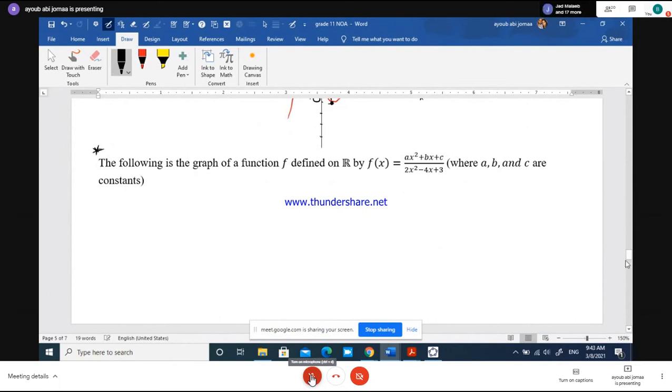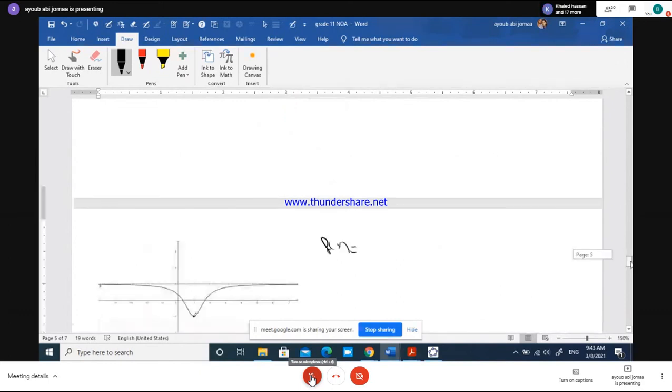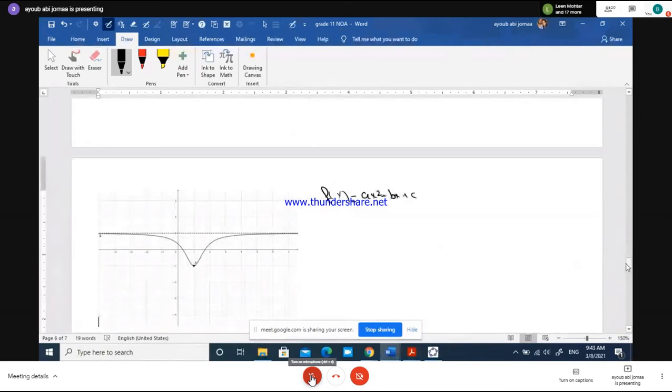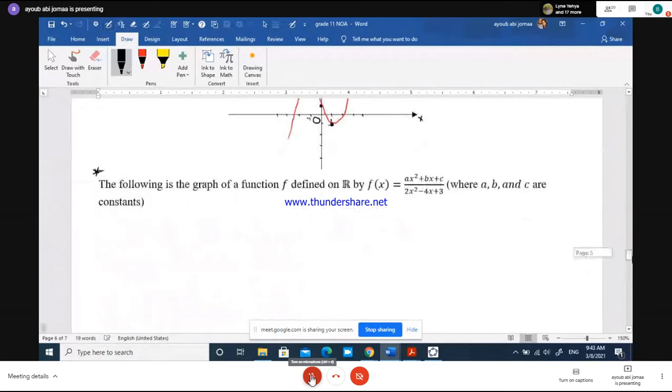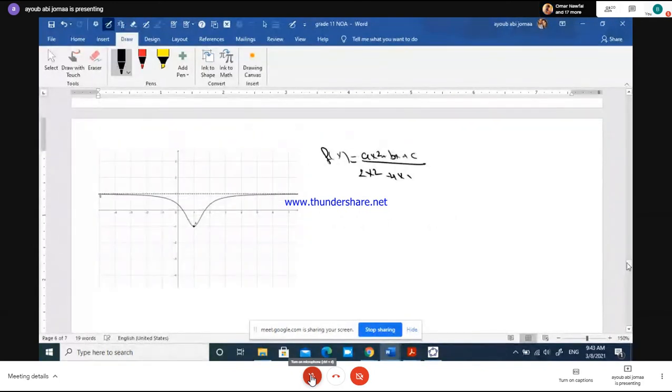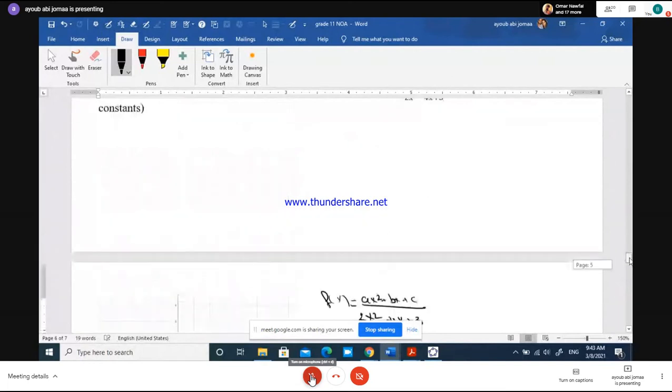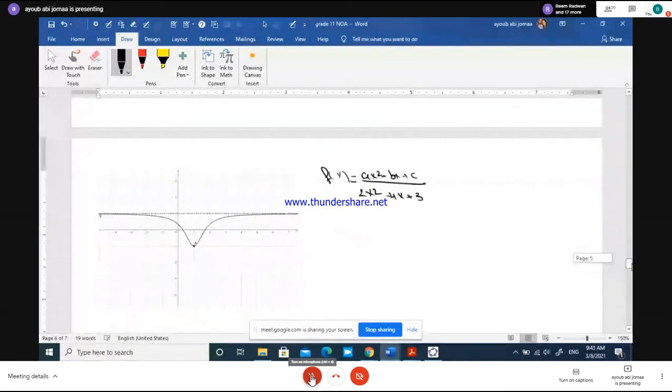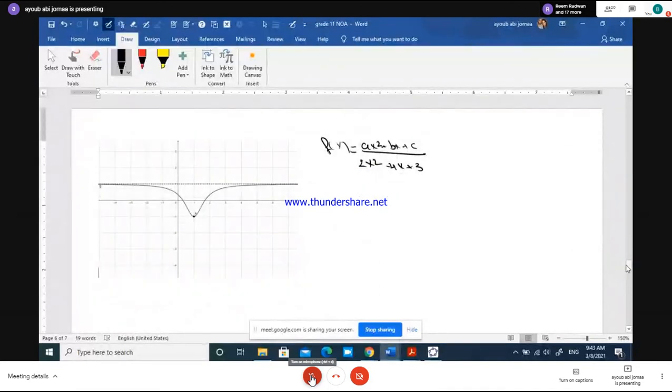So the function f of x is equal to ax squared plus bx plus c over x squared minus 2x squared minus 4x plus 3. هل صح؟ Okay. Using this, you have to determine A, B, and C, and this is the curve of this function.